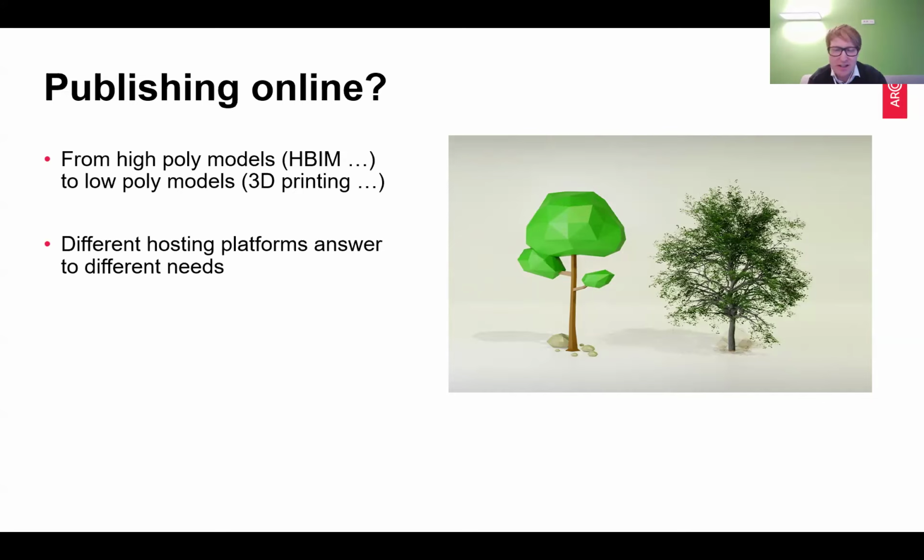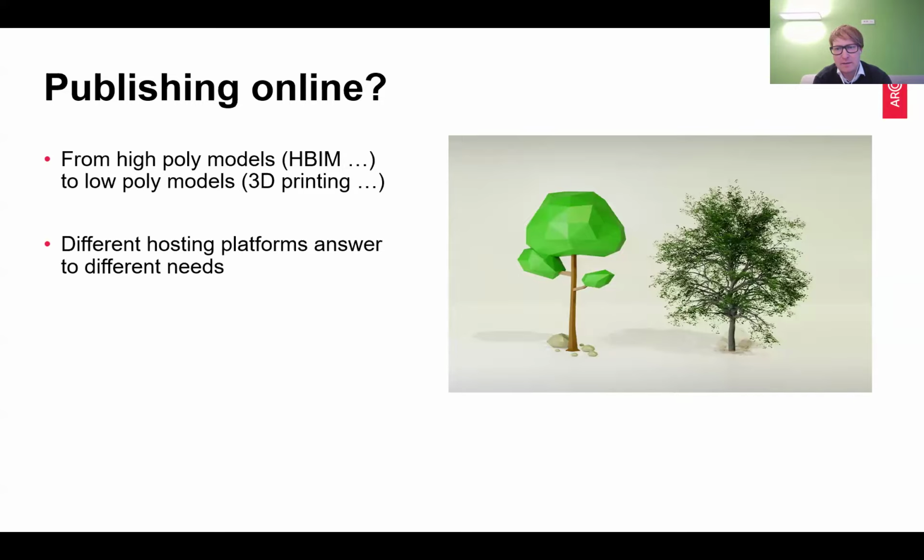And this depends also on the use that we might foresee for this 3D model. I think we can all agree that the left 3D model of a tree is useful, but in a very different context than the right one, and vice versa.